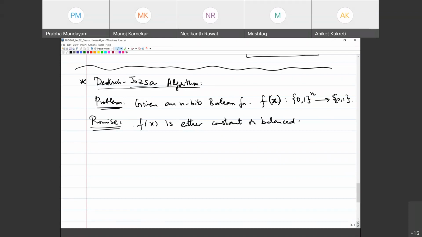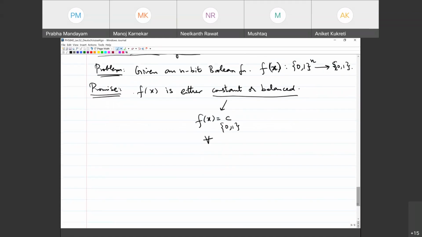Now, like I said, in the 1-bit case, it's a natural property that the function is either constant or balanced. But in the case of the n-bit function, this is actually an artificial constraint that we are imposing, right? Because constant then means that f(x) is some c which is either 0 or 1, for all x. And how many x are there in this case? How many possible inputs are there? 2 to the power n.